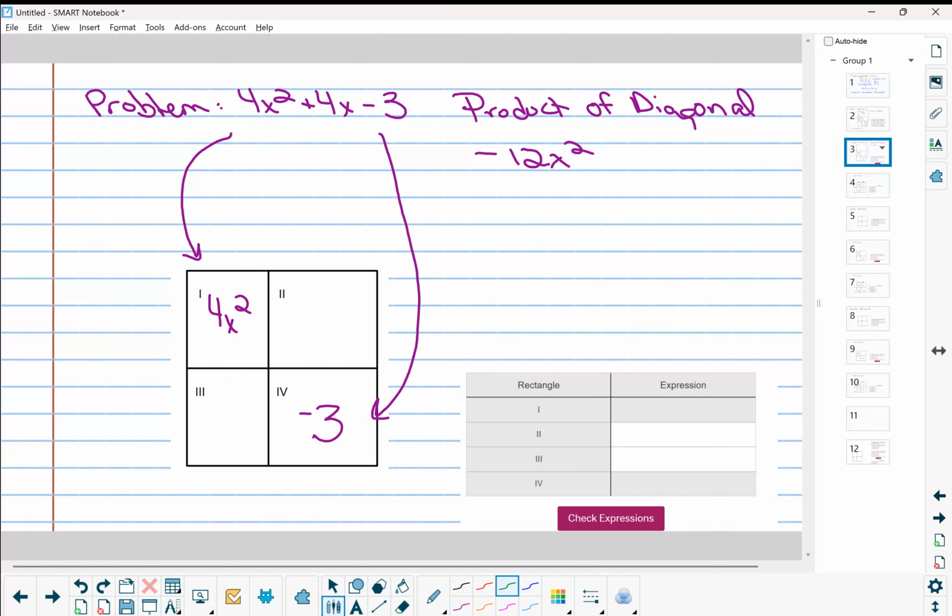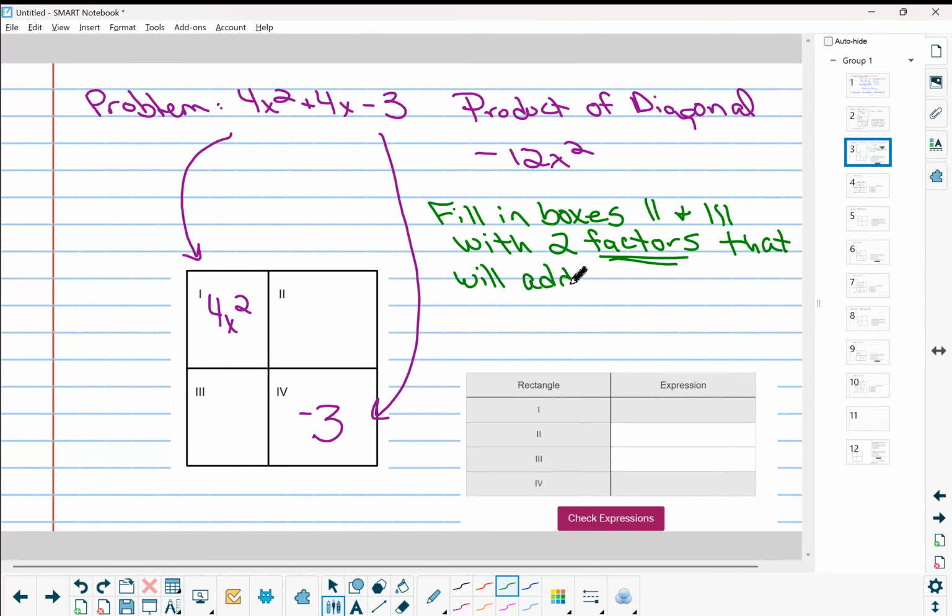We need to fill in boxes 2 and 3 with two factors, which means they multiply, right? Factors imply multiplication. Two factors that will add or subtract, depending on their signs, to equal the diagonal product.